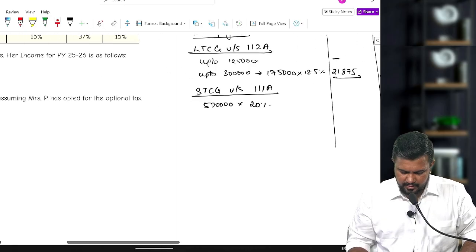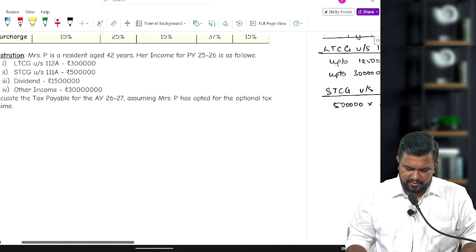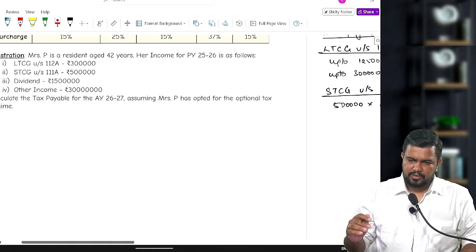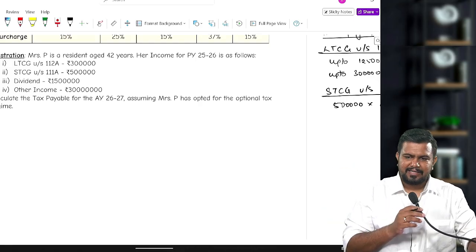Then third one, dividend 15 lakhs, other income 3 crores. Now 15 lakh and 3 crores both are taxed at normal tax rate.